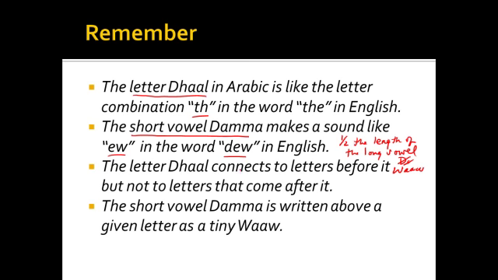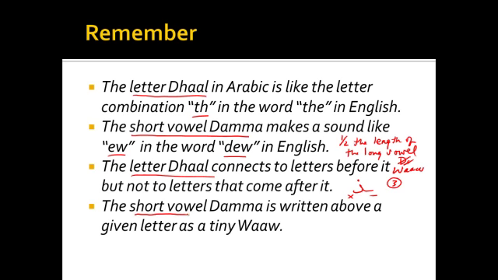Okay? And the letter Dhaal connects to letters that come before it, but not letters that come after it. Like the alif and the waw and the dal. All of these letters, they connect to letters that come before, but do not connect to letters that come after. So in the third position, the Dhaal will look like this. It connects here, but it does not connect here.